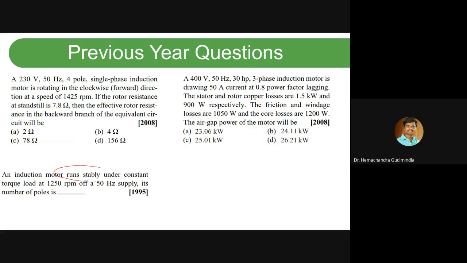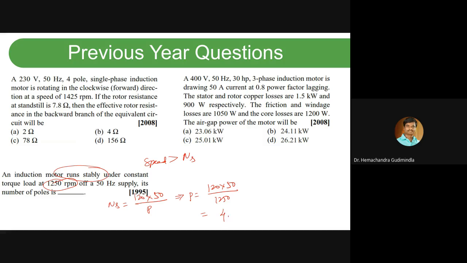As in this question, an induction motor runs stably under constant torque load. If it is running stably, that means the speed is less than the synchronous speed Ns. So what is Ns? Ns is equal to 120 into f by p. So p is equal to 120 into 50 divided by 1250 rpm. 120 into 50 is 6000, divided by 1250.